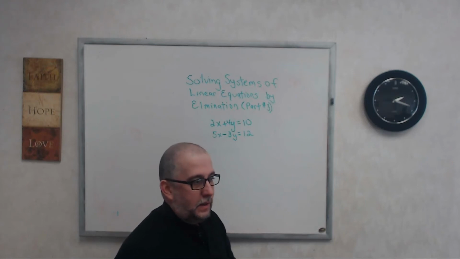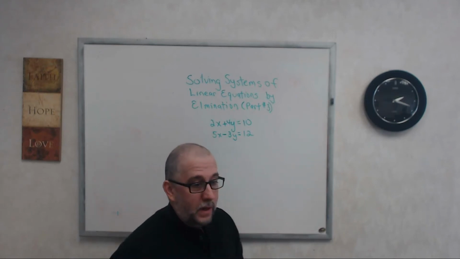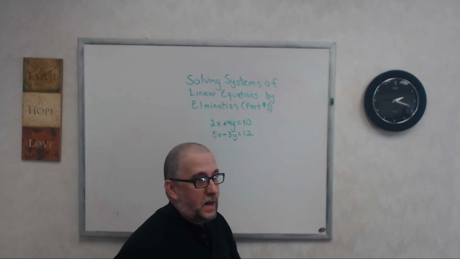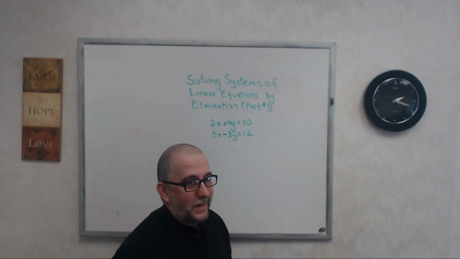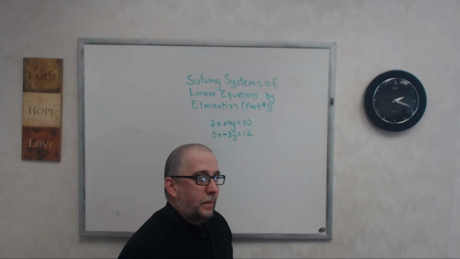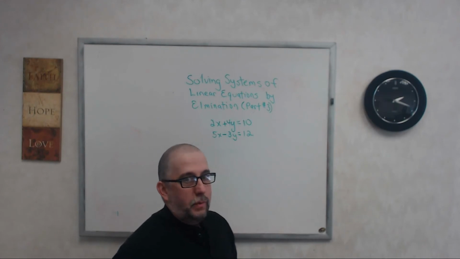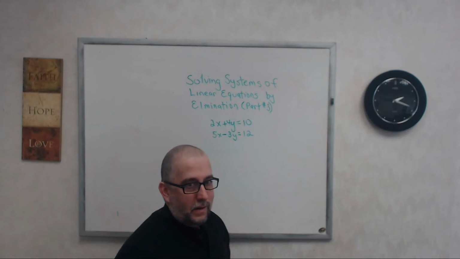In the second video, we multiplied one of the equations by a constant. Today we're going to learn how to do it by multiplying each equation by a constant in order to get one of the variables to cancel out.